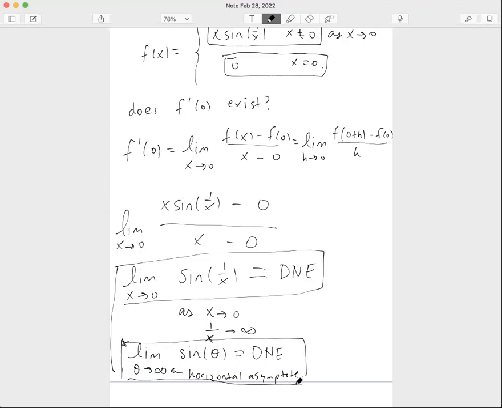We're trying to figure out why it's DNE right now. So what do you think about the graph of sine, even as the angle goes off to infinity? What do you know sine is doing?